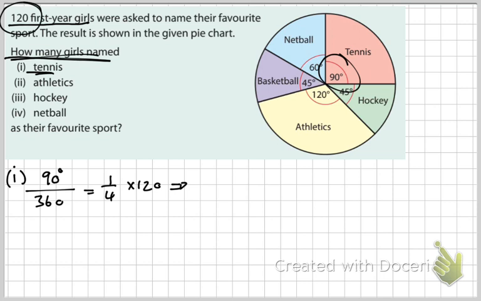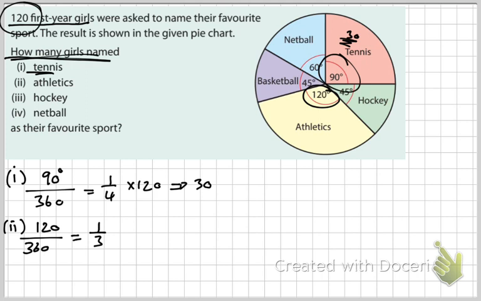So 1/4 by 120 is 30 girls. Okay, so the first one, this tennis one, is 30 girls if you want to put 30 in there. Okay, second one, athletics. So I go to athletics. It's 120 degrees. So it's 120 out of a possible 360 degrees.